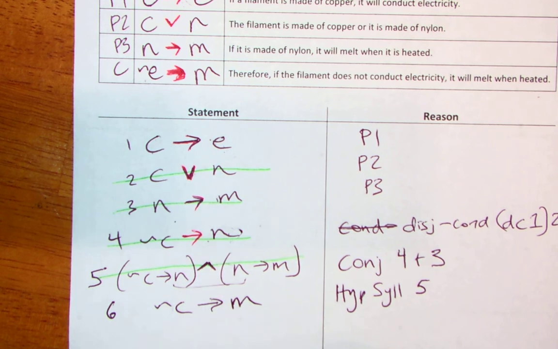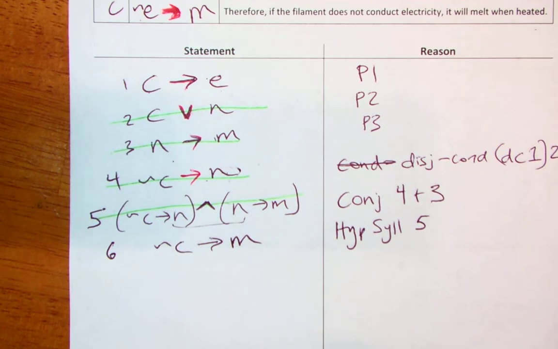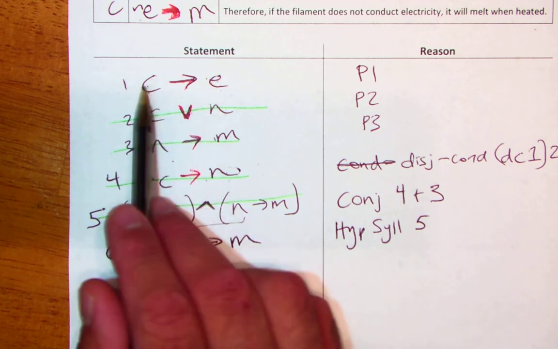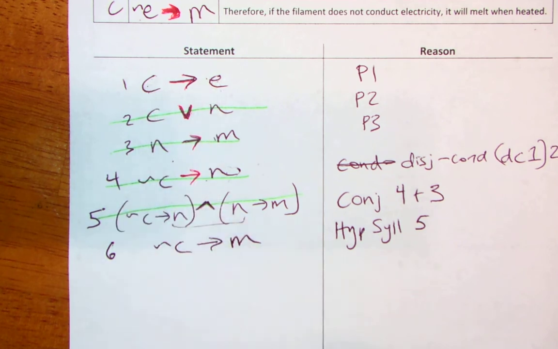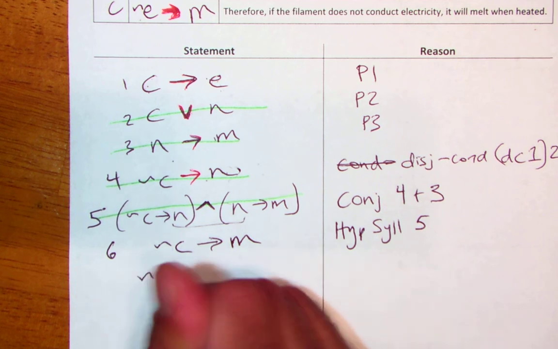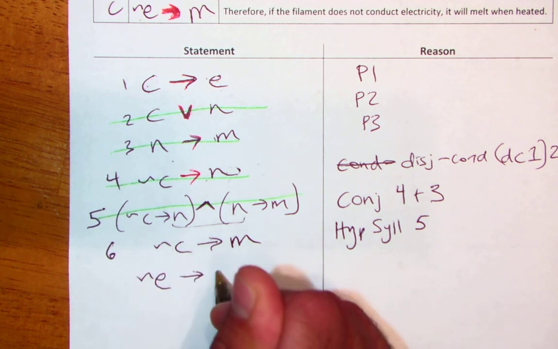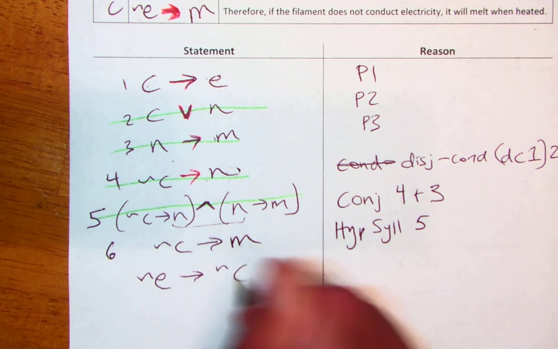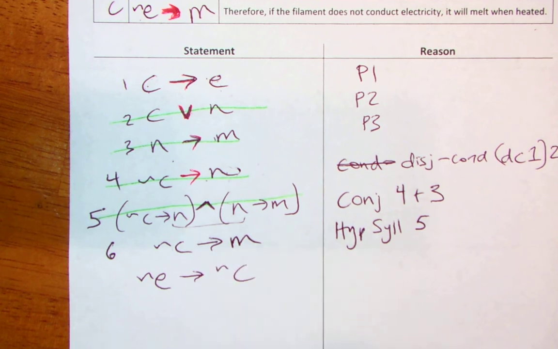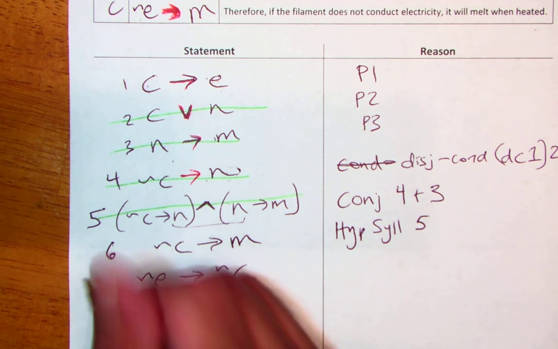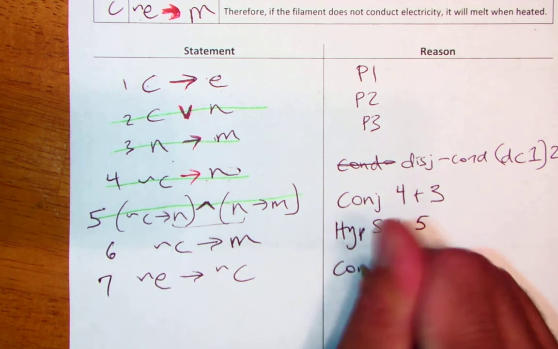So if you look at statement 1 carefully, you can see that there's a law that allows me to switch and negate these two things and know that they are logically equivalent. So not E, then not C becomes the outcome when I take number 1 and apply the law of contrapositive.